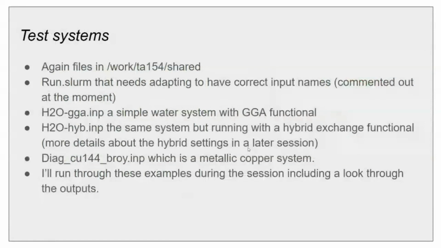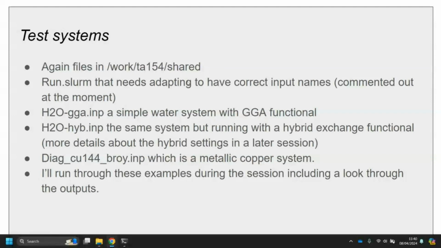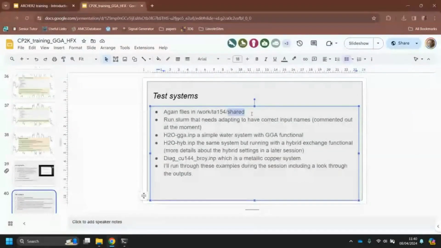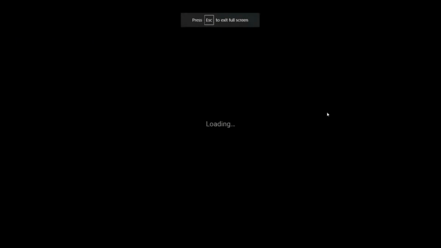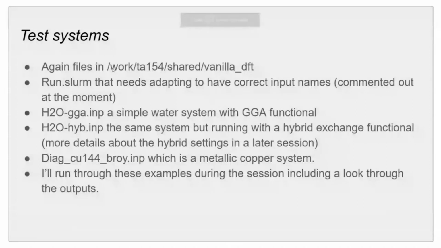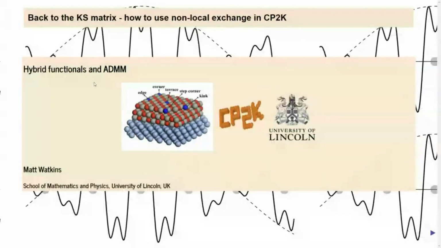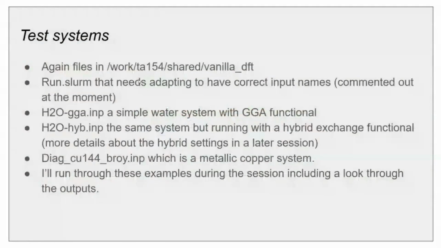And I've put a few test systems in work TA154 shared. In fact, I put it in /vanilla DFT. I updated that at the last point. There's a run script there which has the various input files, but essentially it's the same as the one that Arno gave you earlier.